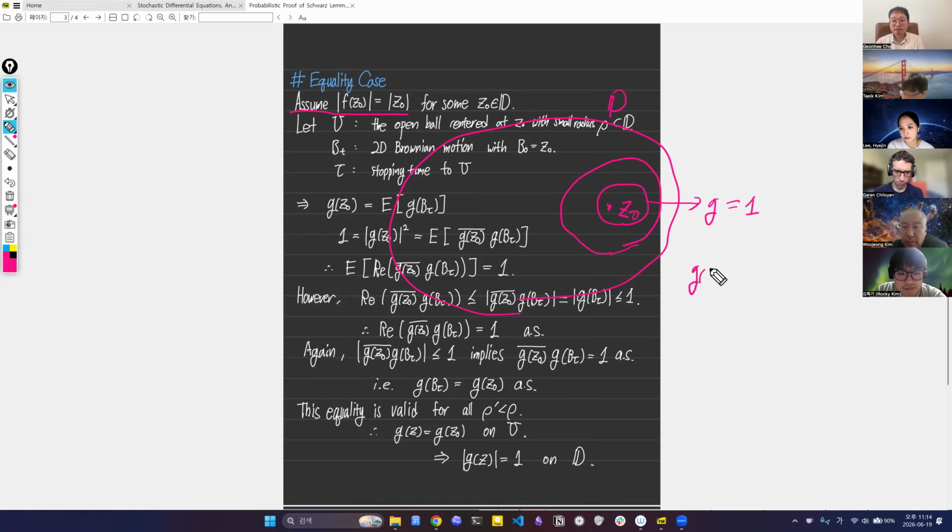And we know that g of 0 should be the expectation of g on the boundary. But this is the maximum value. So the values on the boundary should all be the same, equal to the maximum.